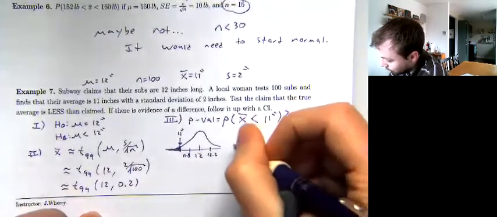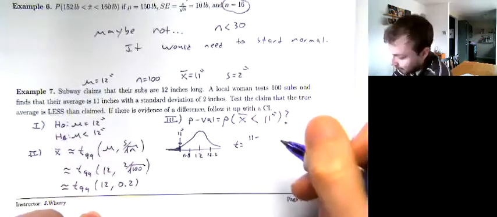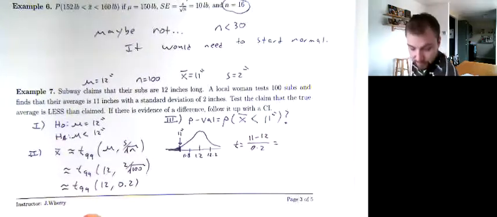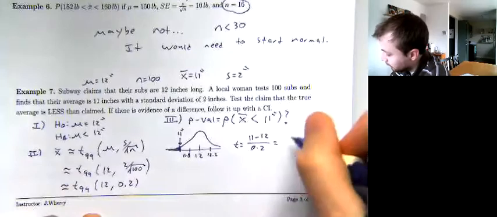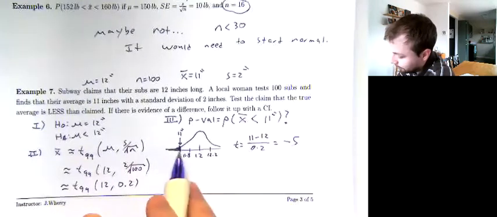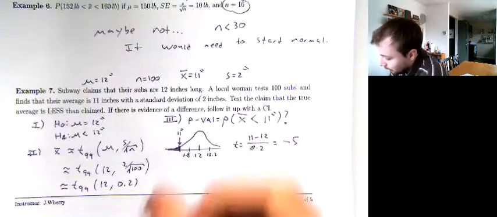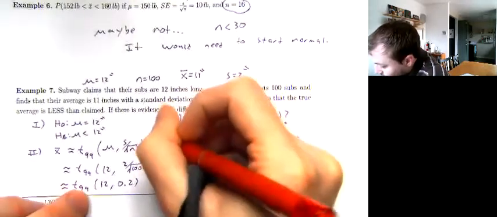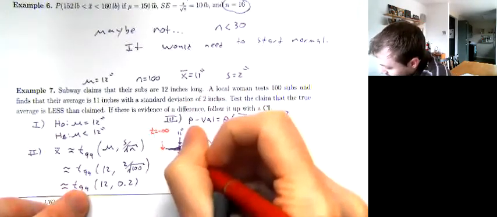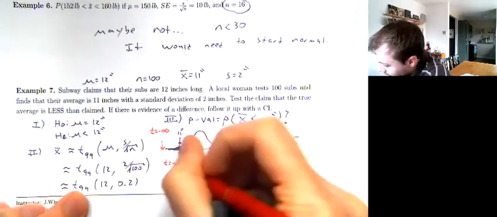So my t-score, I'm taking 11, my value, minus the center of 12, and I'm dividing it by that standard deviation-like thing, called standard error to be a bit more precise. And when I type this into my calculator, I get -5. -5 is the t-score, so when I'm doing the t-CDF, my lowest shaded-in t-score keeps going towards -infinity, and my highest shaded-in t-score, if I'm just thinking about the bounds for this shaded region, was -5.